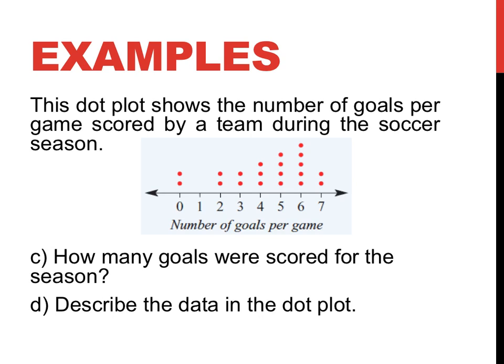How many goals were scored for the season? This is where you have to add up all the dots. So 0 and 0, that's counted out. 2 and 2, so there's 2 plus 2. Then 3 plus 3. They scored 4 three times. They scored 5 four times.